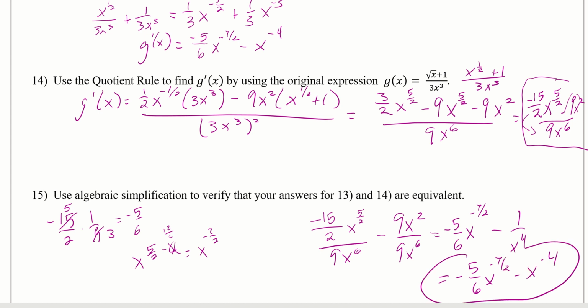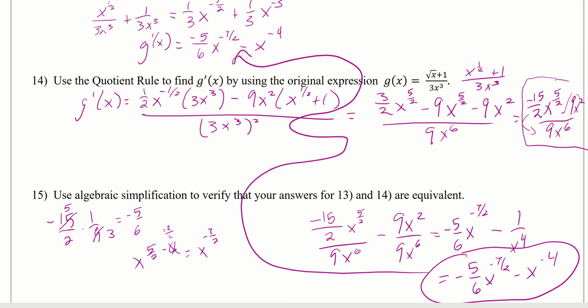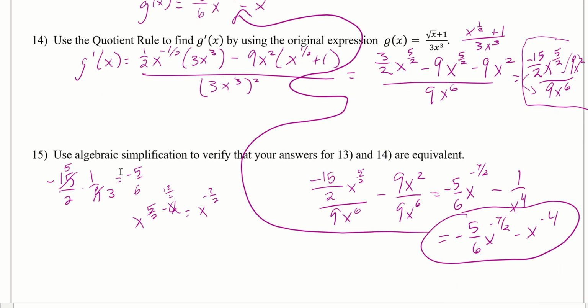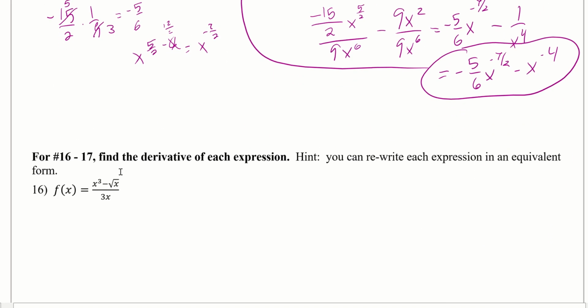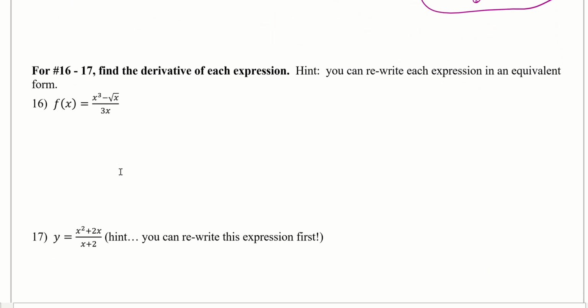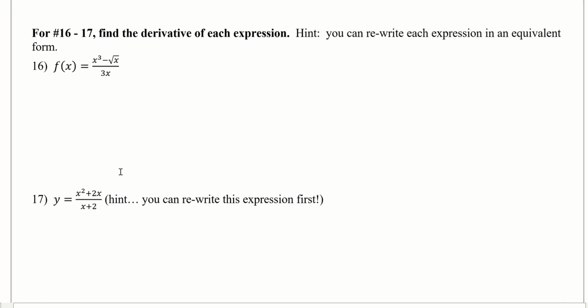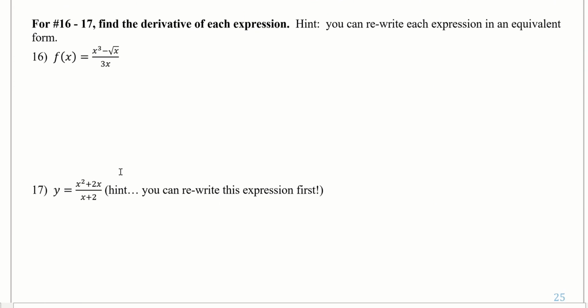And if you notice, that one should match that one exactly. Cool? Cool. Crazy process there, but it shows that both simplifying with the power rule, and just straight up doing the quotient rule, even though they look different, should give you the same answer.